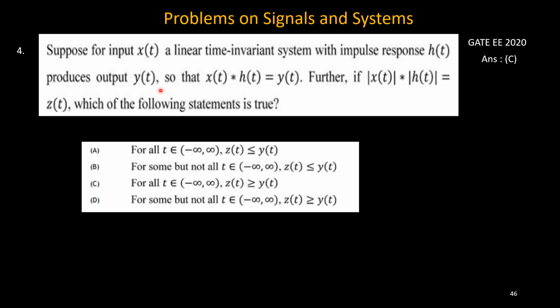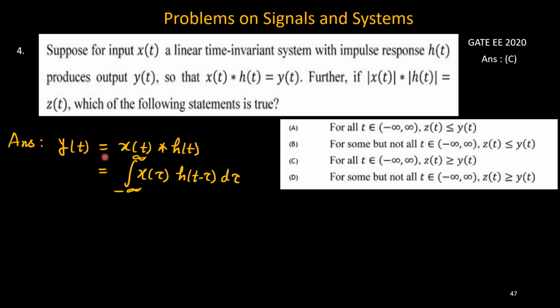Now, it is saying that if we take the convolution between mod of x of t and mod of h of t, and that convolution value is z of t, now we need to compare this z of t with this y of t, whether it is more than y of t or less than y of t, for all values or some values of t. Okay, now let us find it out.